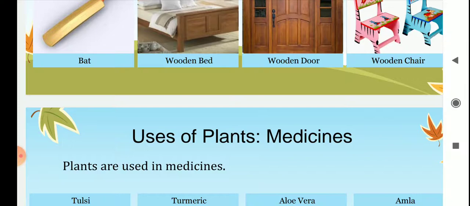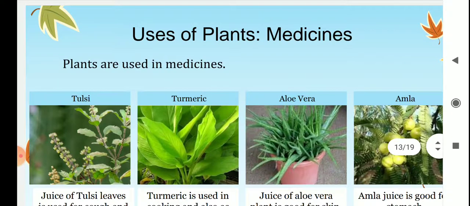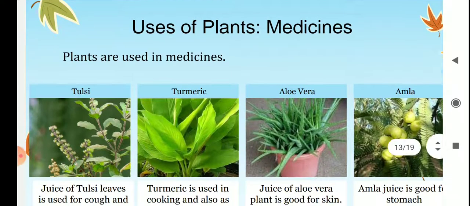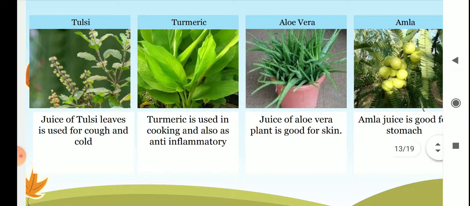Now some plants help us by offering medicine. Plants used as medicine are tulsi, then turmeric, then aloe vera, amla. Now tulsi is used for cough and cold.